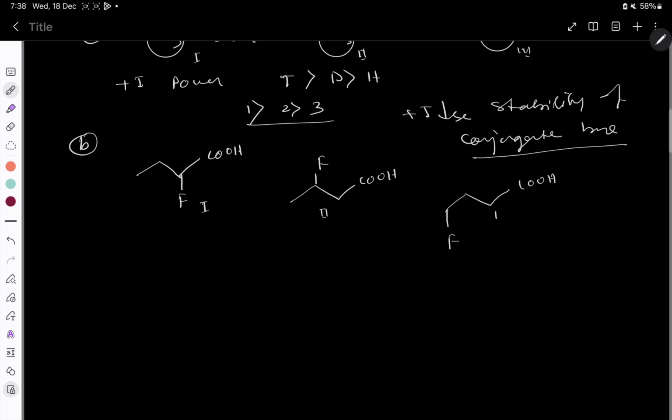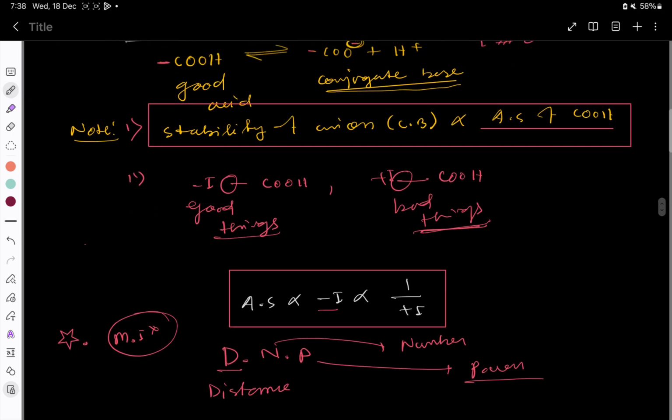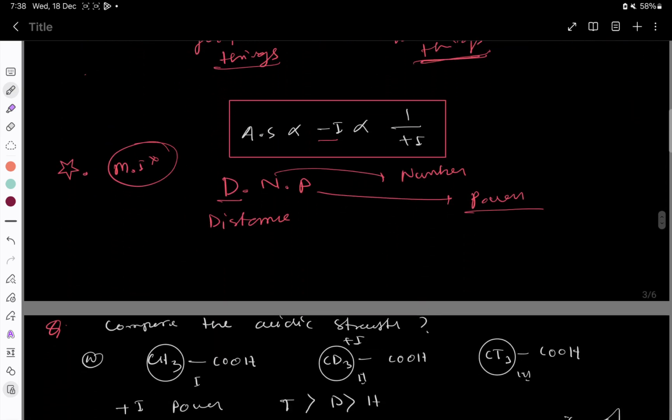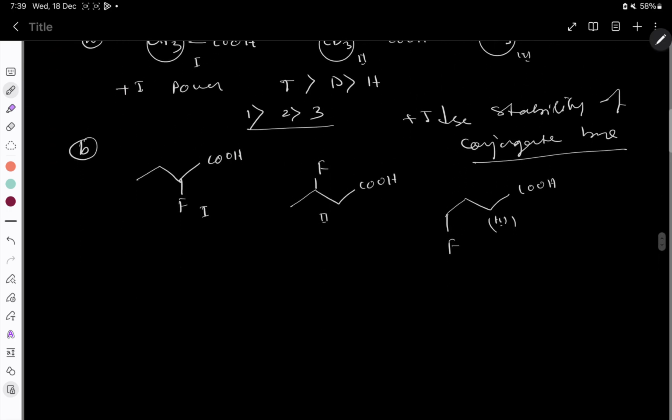Listen to what I told: the effect always follows the DNP rule, distance, number and power. From D the answer will come. Here the fluorine is attached to the 2nd carbon, and here to the 3rd carbon. As I told, the plus I or minus I effect is distance dependent, so the acidic strength of the first one is more, then the second, then the third. Very simple, right?